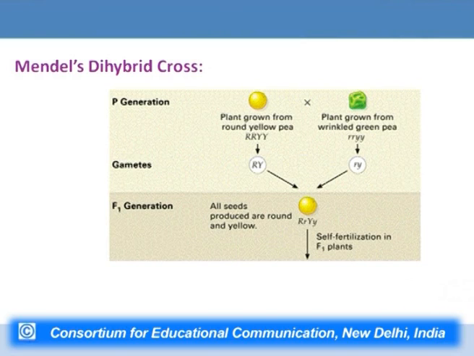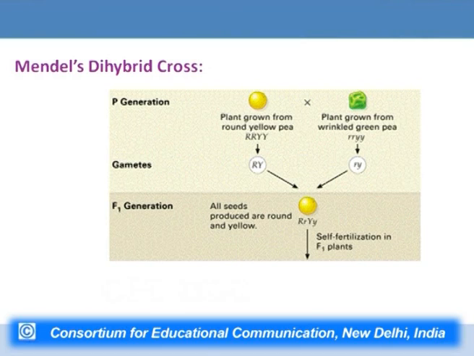A normal Mendel dihybrid cross involves breeding of two different purebred lines which breed true for their particular character. At a particular time in both the lines, two characters are taken, like for example in this case the roundness and the color of the seed are taken simultaneously.